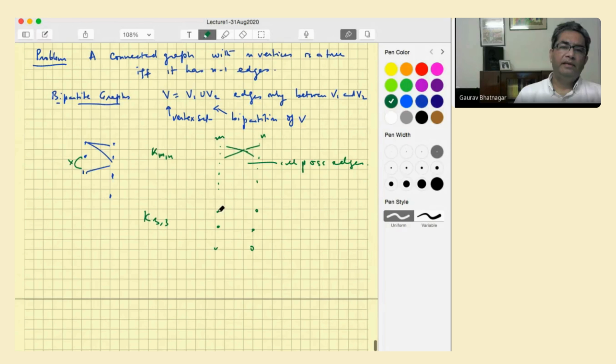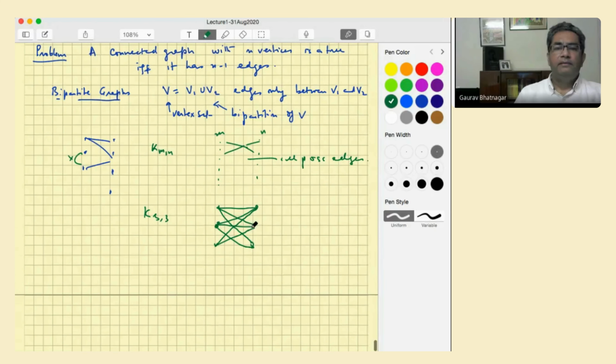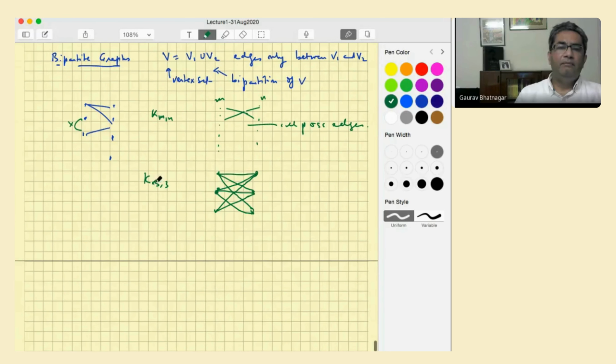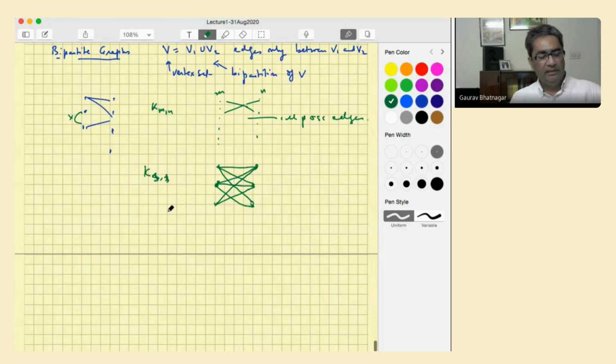There are three here and three there: a complete bipartite graph with six vertices, three on each side.